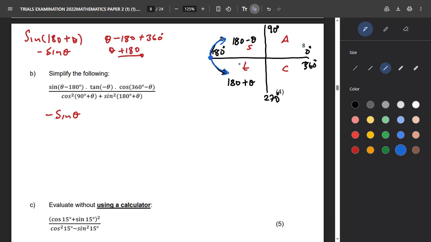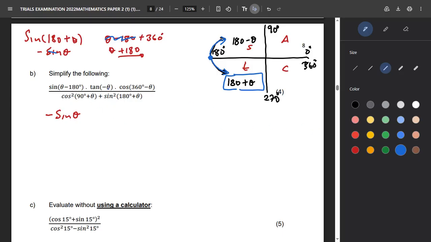How do you move from 180 to 270? You add. So now you check in which quadrant it is: 180 plus theta. Remember, we changed this from a negative angle by adding 360, which leaves me with 180 plus theta. So 180 plus theta is in quadrant 3. How is sine in quadrant 3? Sine is negative. This changes into negative sine theta.